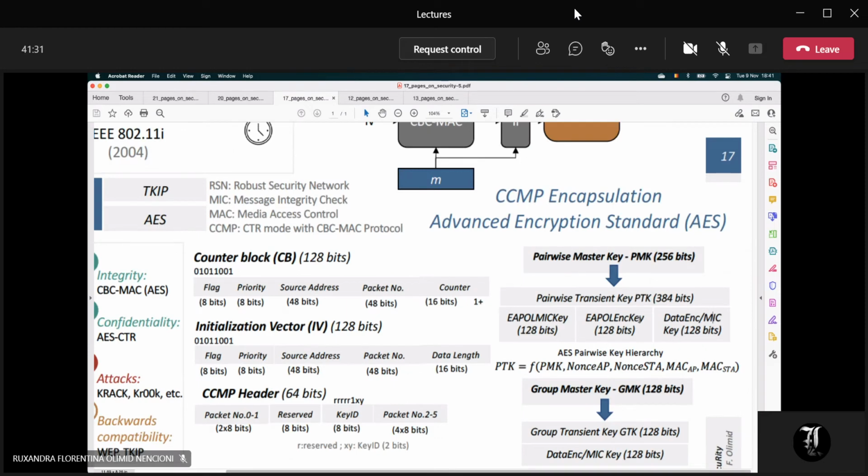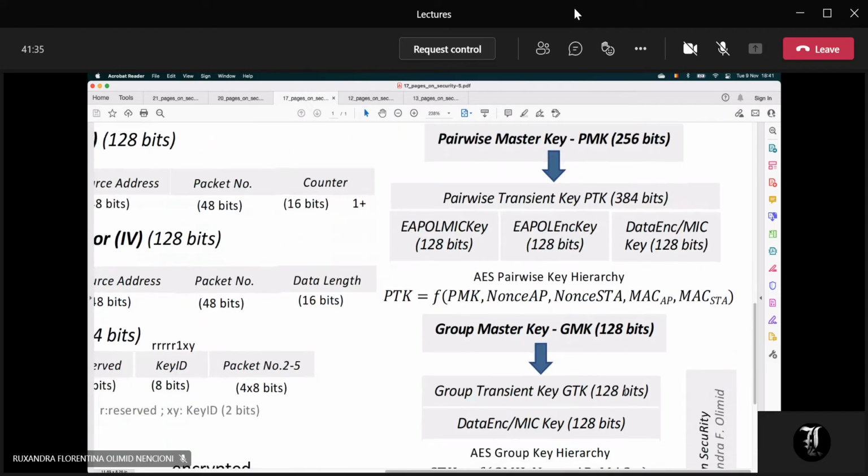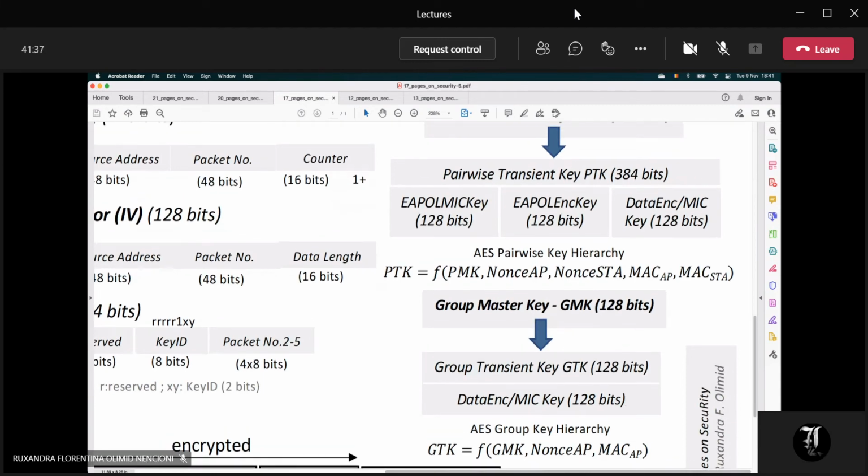I think more the GTK, because the PTK has a lot of other fields. Which exactly other field from the PTK tells me if it will be impacted or not by the nonce of the access point? It's good, your observation.